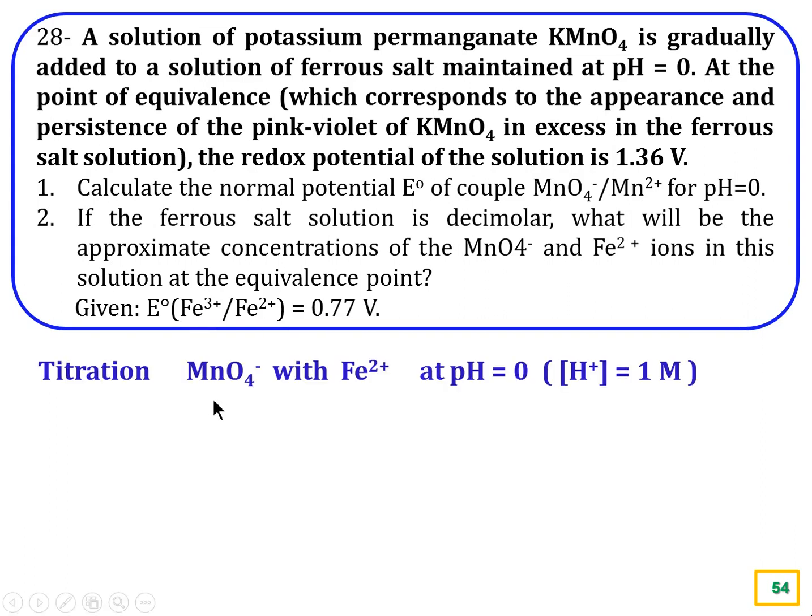So we have a titration reaction between MnO4- and Fe2+ at pH maintained equal to 0, so the concentration of H+ in the solution is always 1 molar. At the equivalence point, the potential of the solution measured is equal to 1.36.